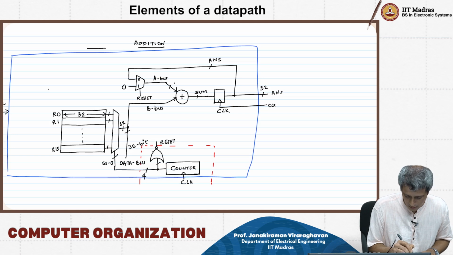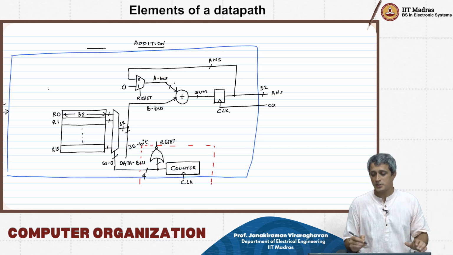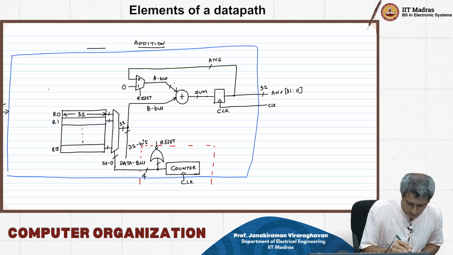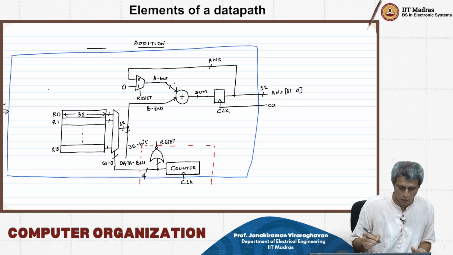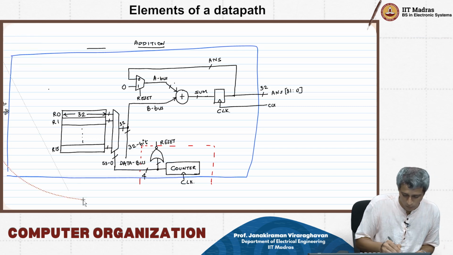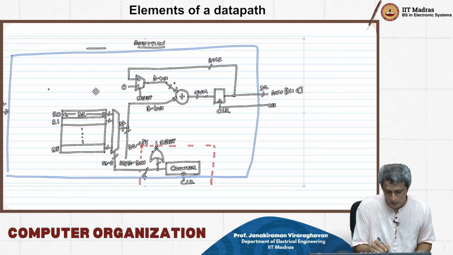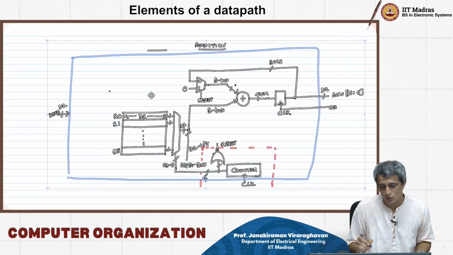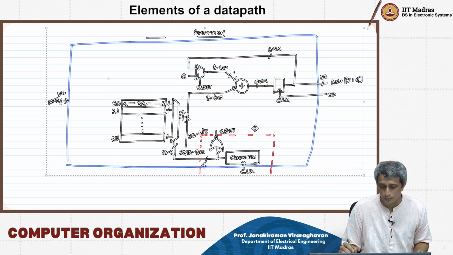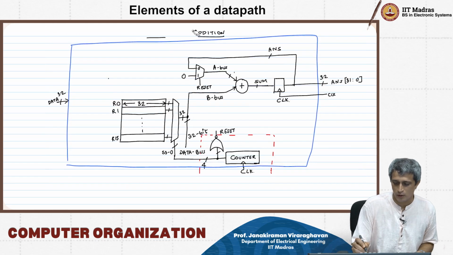So my data can come in 32 bits at a time, 31:0. My data here also is going to be exactly 32 bits at a time. So I'm going to move this slightly to the right so that I get more space.